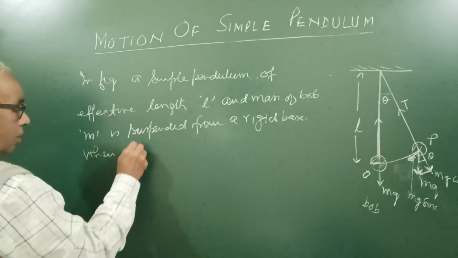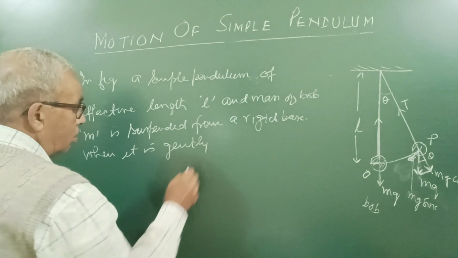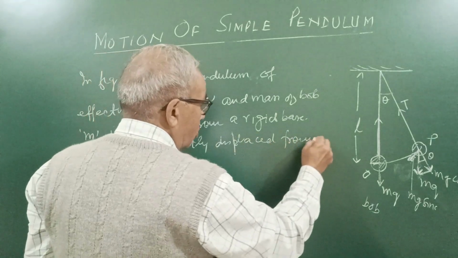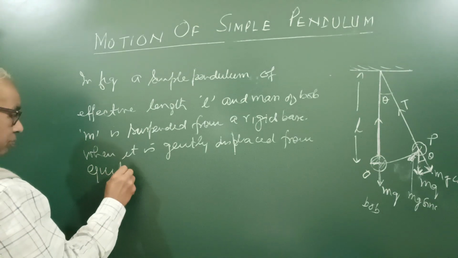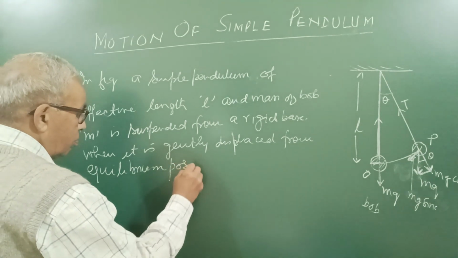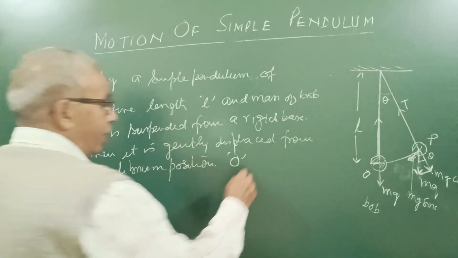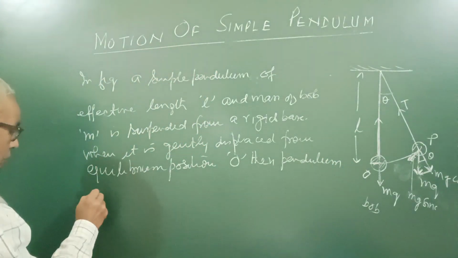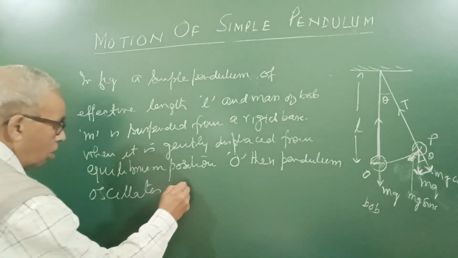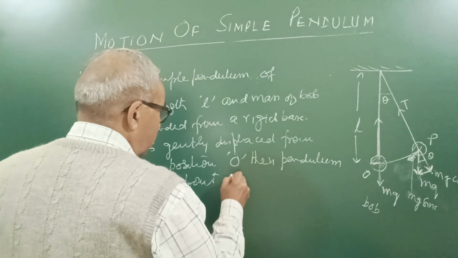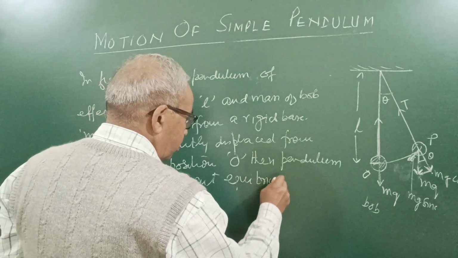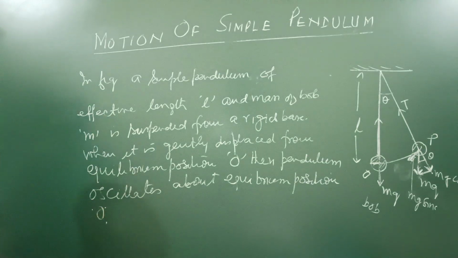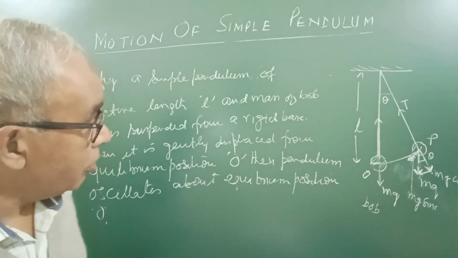When it is gently displaced from equilibrium position O, then the pendulum oscillates about equilibrium position O. So it oscillates to and fro about this position.